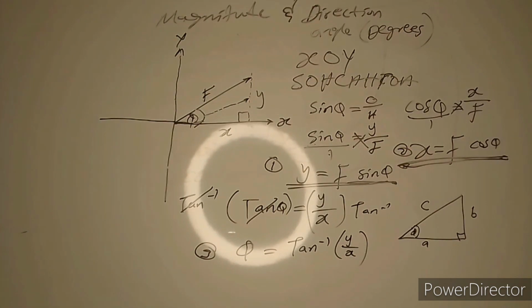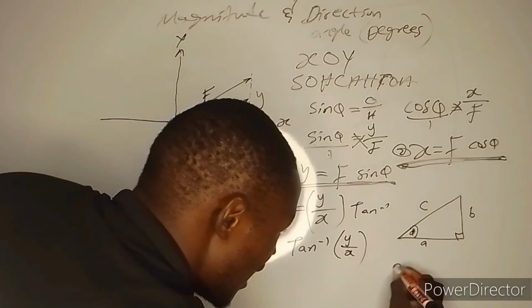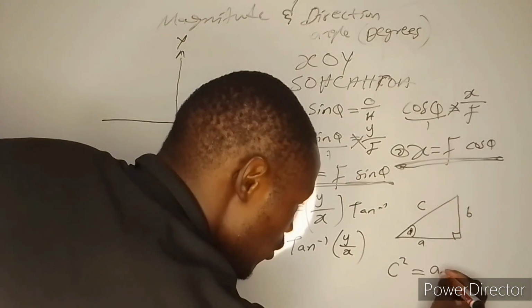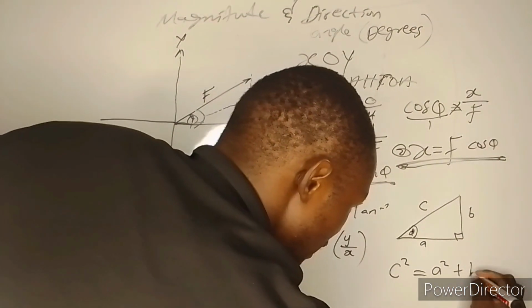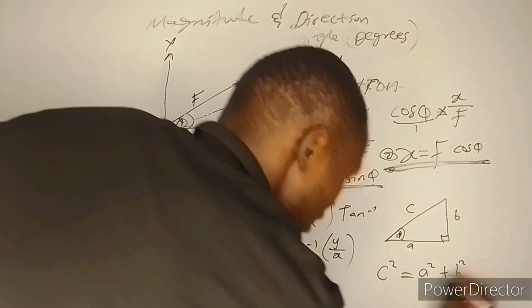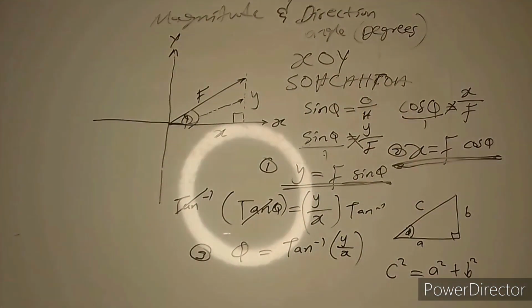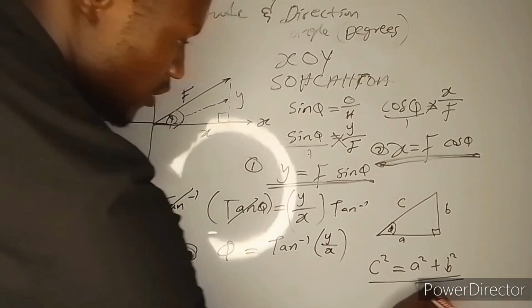In this case, according to Pythagoras theorem, the square of the hypotenuse, which is c squared, is equal to the sum of the square of A and the square of B. In this case, we can see that A is the adjacent and B is the opposite. This is what is called Pythagoras theorem.